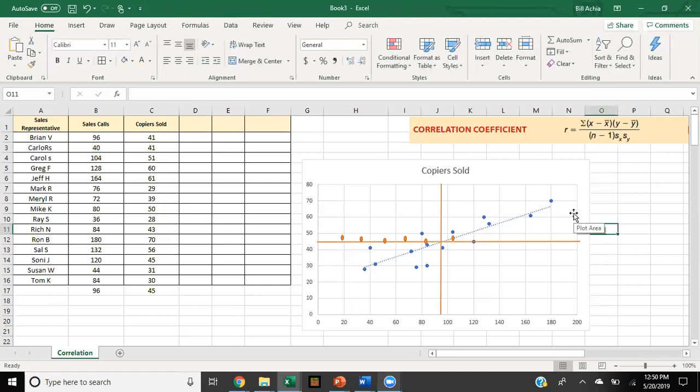If I make 1,000 calls and still get 45 copiers sold, as if I had just made 2 calls and still got 45 copiers sold, then there's really no relationship between these 2 variables, and I might want to look elsewhere to figure out what is driving copier sales. That's something our correlation coefficient should enable us to do.